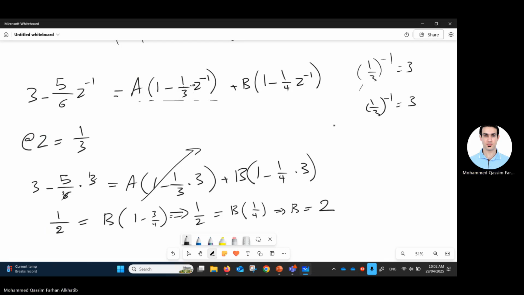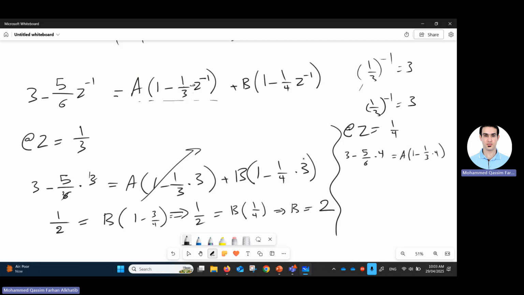Similarly, at z equal what? 1 over 4. I will have 3 minus 5 over 6 times 4 equal A times 1 minus 1 over 3 times 4. B will become 0, right?